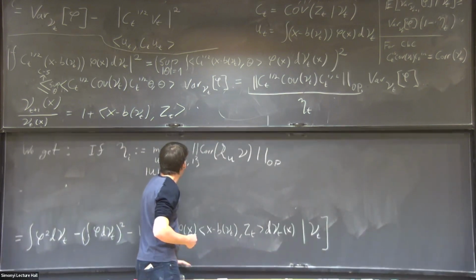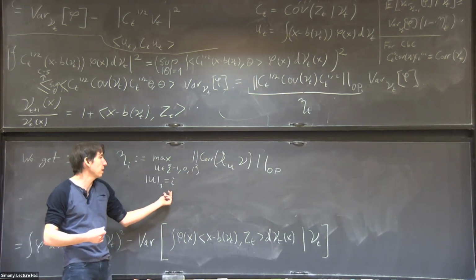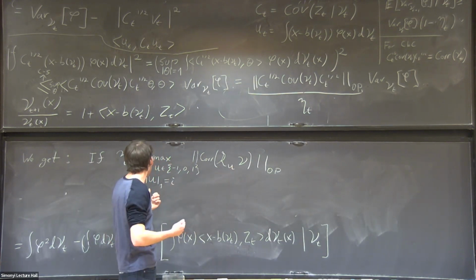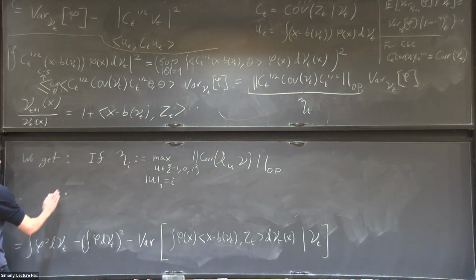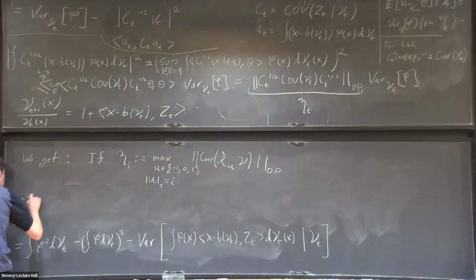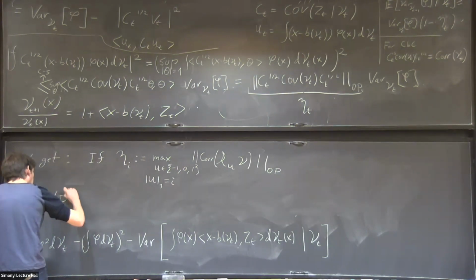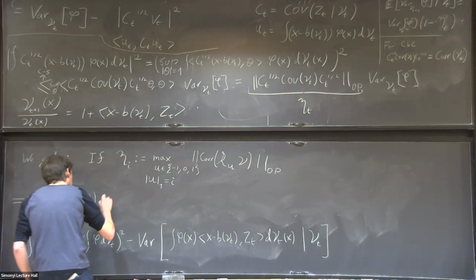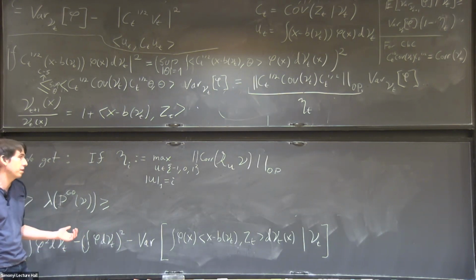So suppose that for every conditioning of I coordinates, the operator norm of the correlation matrix is bounded by some eta I. Then what we get is that the spectral gap of P, the Glauber dynamics of nu, is at least as big as this telescopic product that I get from the variance contraction.